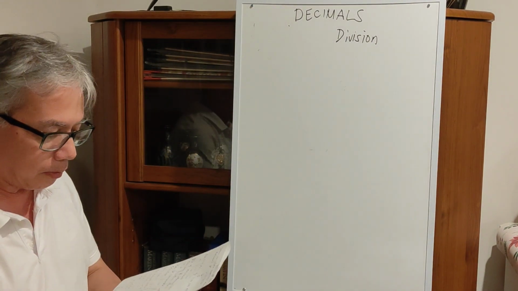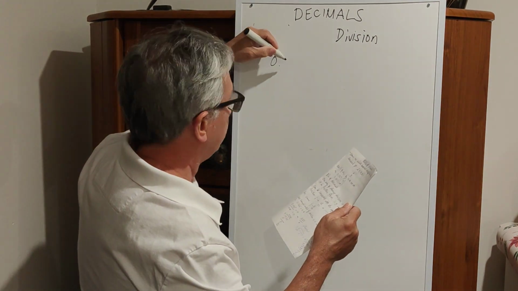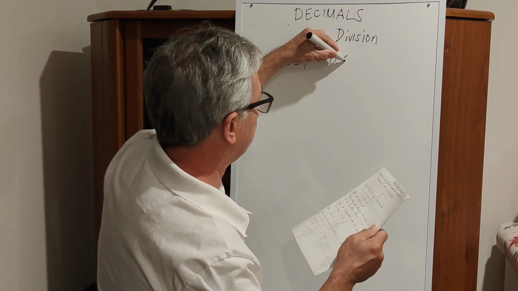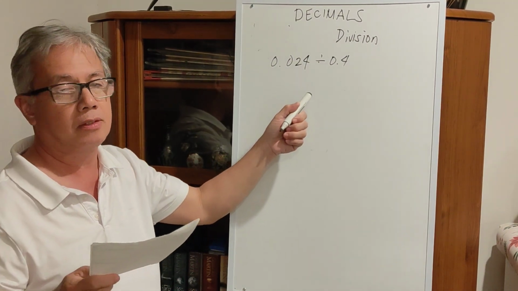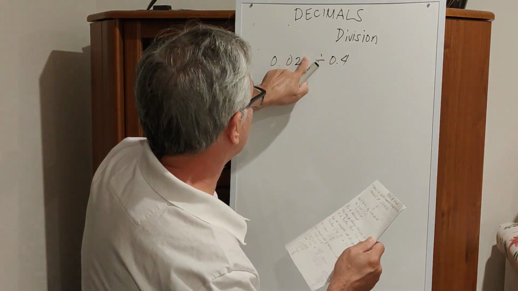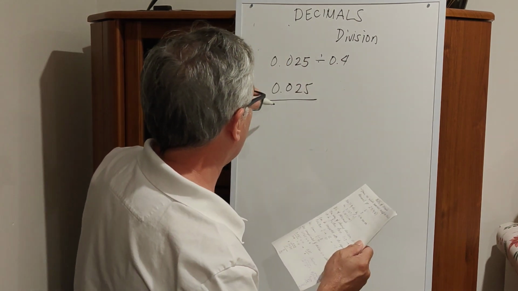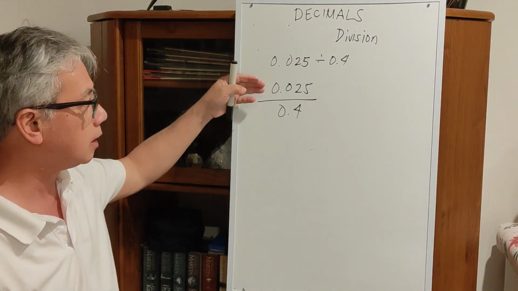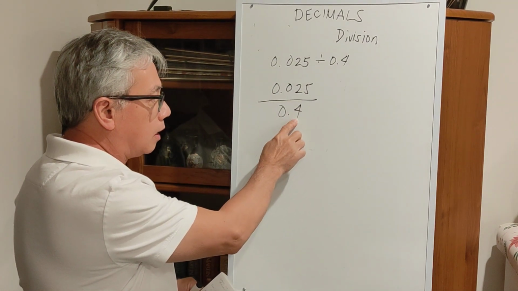If for example you have 0.025 divided by 0.4, we can make it a fraction, 0.025 over 0.4.